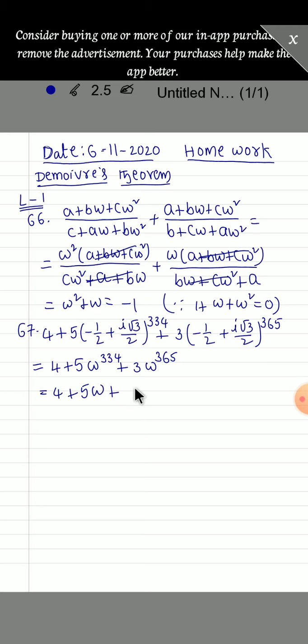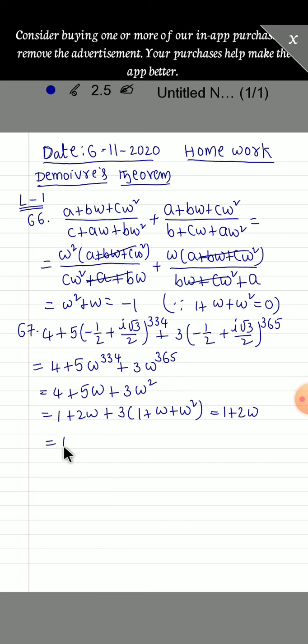Plus 3 into omega power 365: if you divide 365 by 3, the remainder is 2, so omega square. So it can be written like this: 4 plus 5 omega plus 3 into omega square. Already we have written 1 plus omega square is equal to 0, so its value is 0. That is, it will be 1 plus 2 omega.